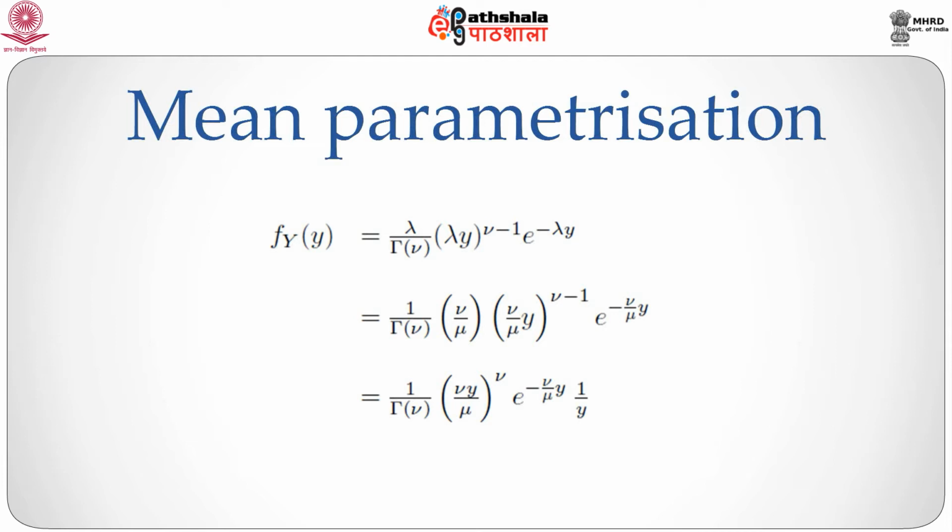This can be reparameterized as 1 over Γ(ν) (νy/μ) to the power ν e to the power minus νy/μ into 1 over y. So, this is denoted as gamma, μ and ν, and is the gamma distribution reparameterized in terms of the mean.